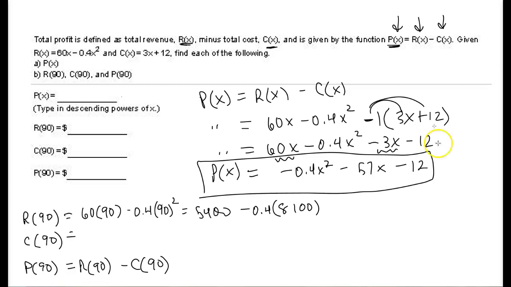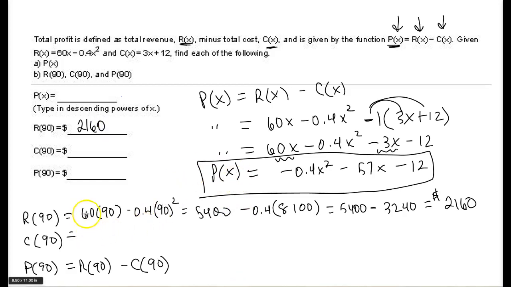So we'll have 5,400 minus 0.4 times 8,100, which is 3,240. And if we take away 3,240 from 5,400, we get 2,160. So that should be the revenue that is brought in.